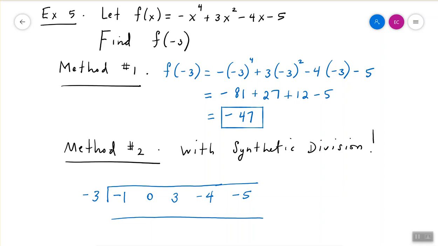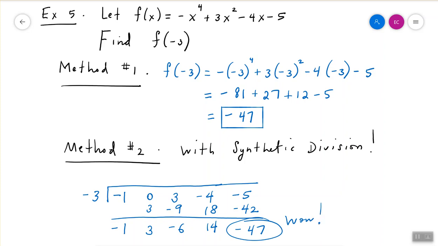And so what happens if we do this synthetic division? Negative 1 comes down, and then we're going to multiply and add. Multiply and add. Multiply and add. Multiply one more time. 14 times negative 3 is negative 42. And so the remainder is negative 47.